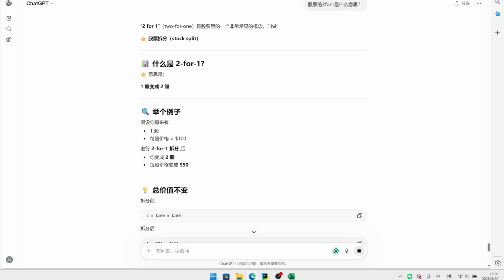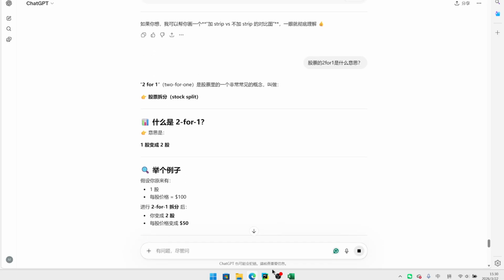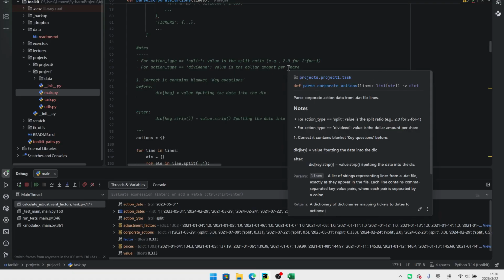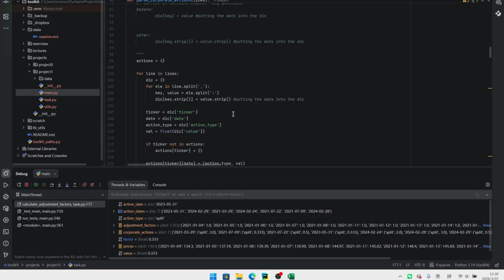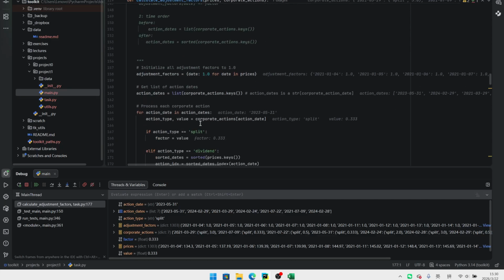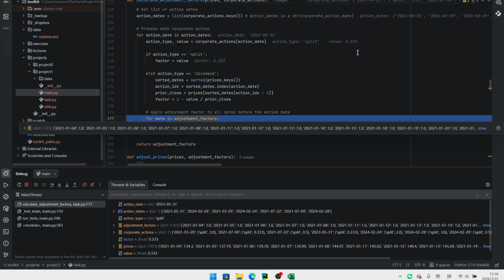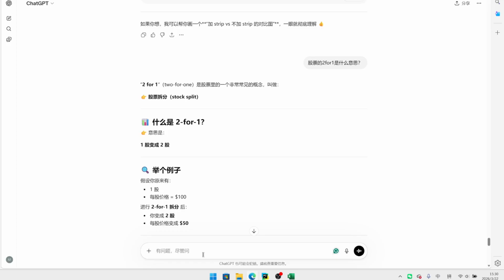The price will divide by 2, so it's 2. It's divided by 2. Correct. Two, 4, 1.